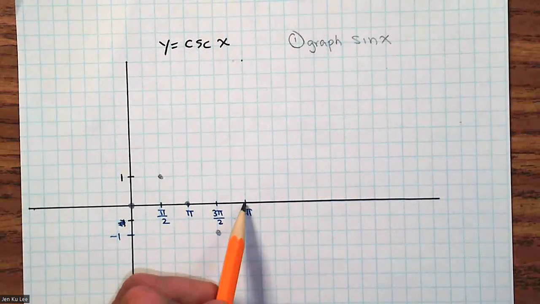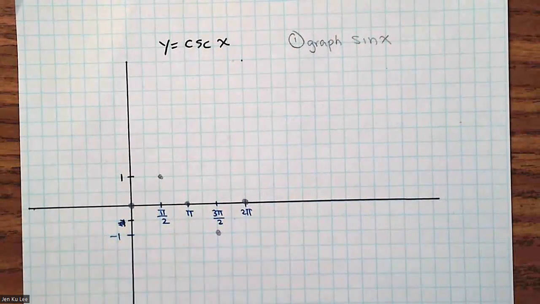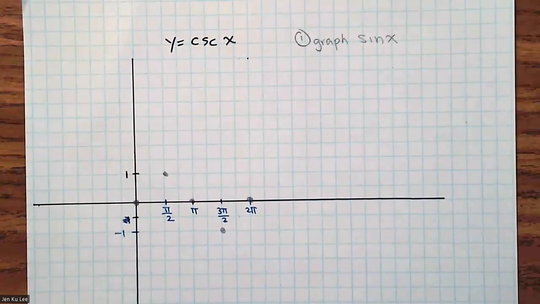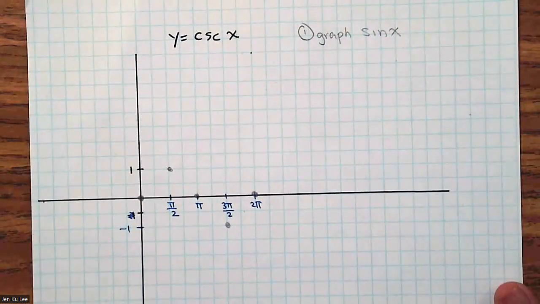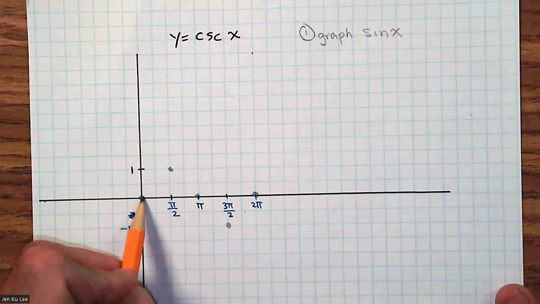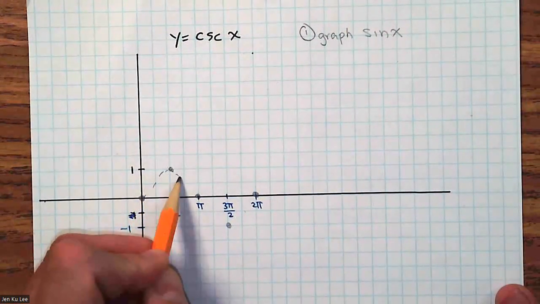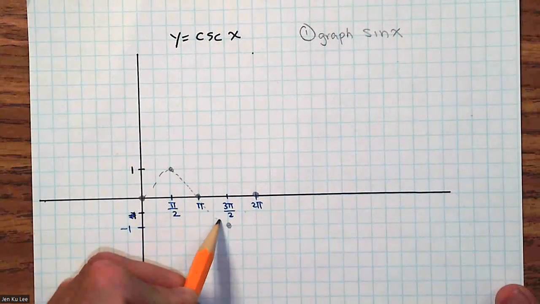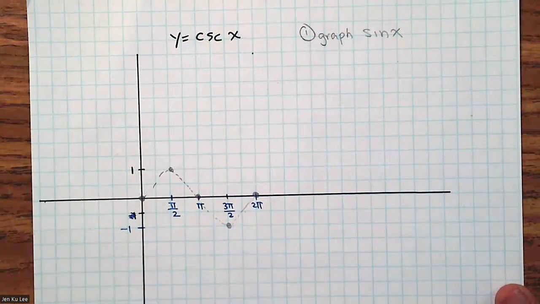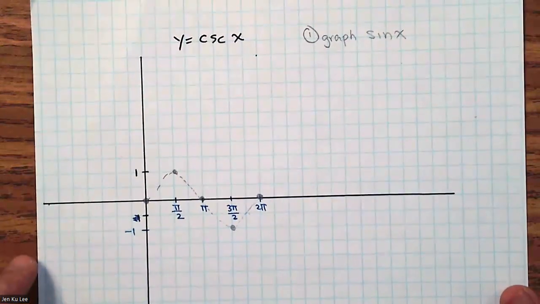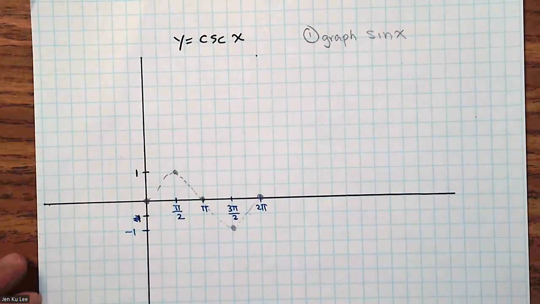And then sine of 2 pi is 0, right? So I have that here. And I am going to dot it, right? Dash lines or dashed curves, because that's not the real curve that I'm interested in. Okay? All right.